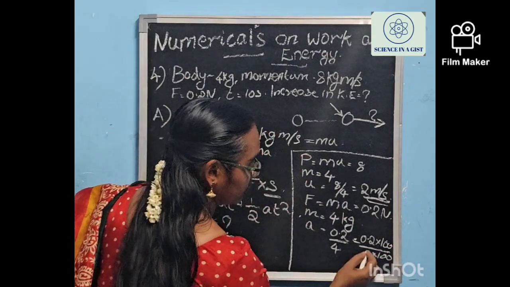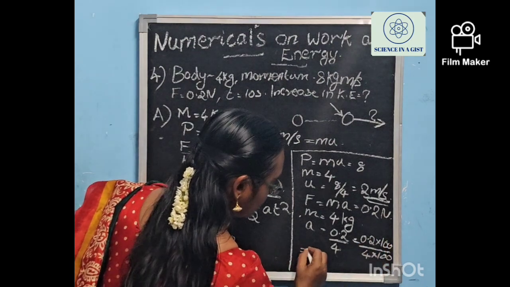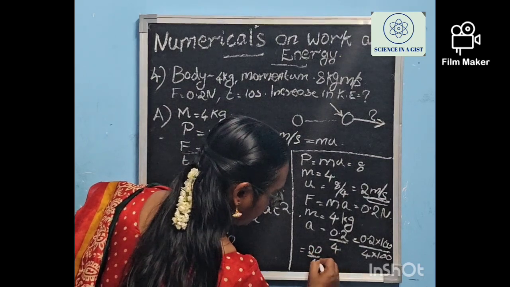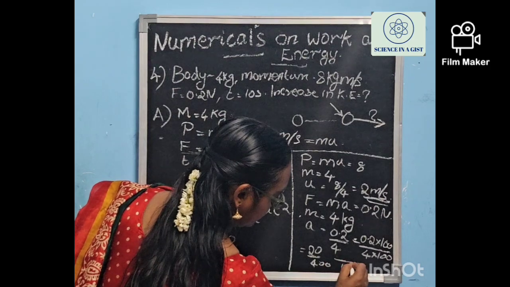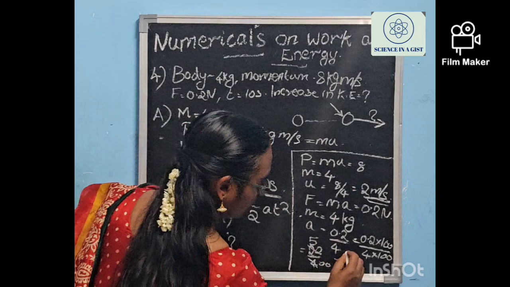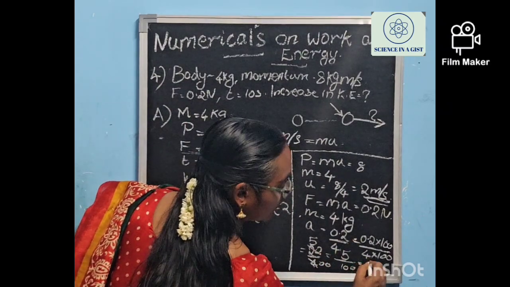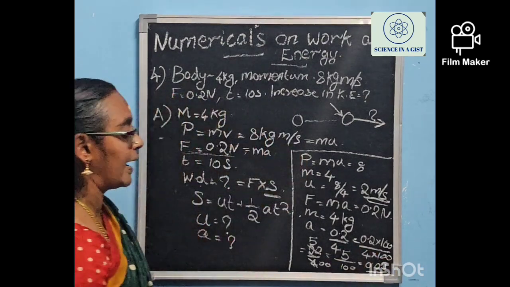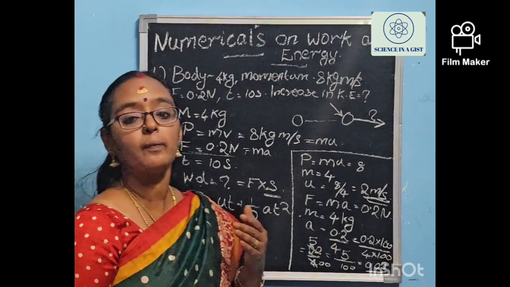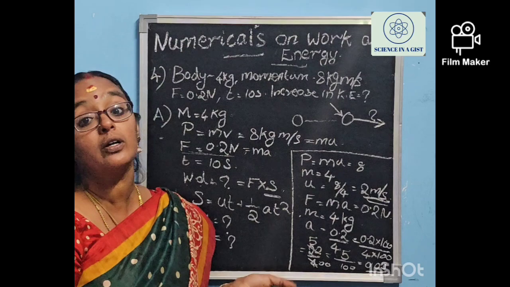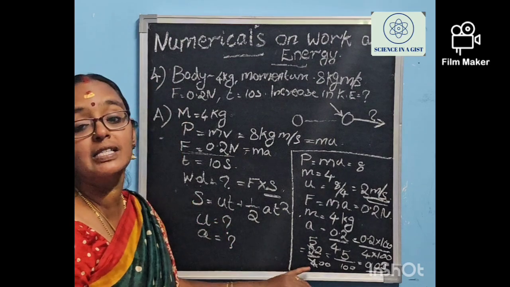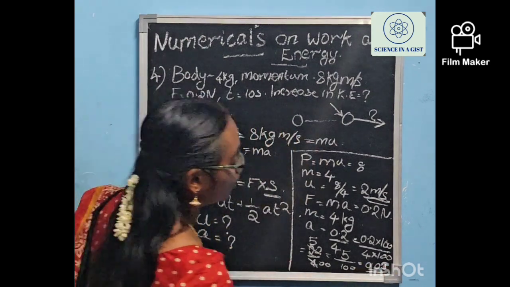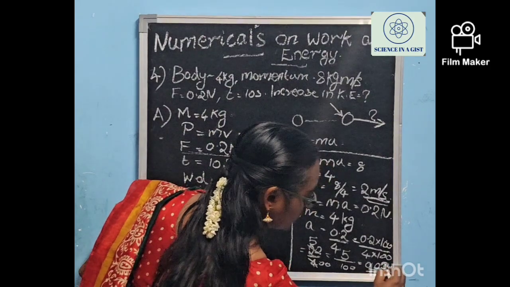So 20 divided by 400. Okay, leave the 400 like that. Is equal to 5 by 100, that is 0.05. This is the easy way to find out the values. We have to multiply with 10 or 100 or whatever it is in order to remove the decimal. Then it will be easy for you to do and mistakes will not happen. So acceleration is equal to 0.05 meter per second square, isn't it?